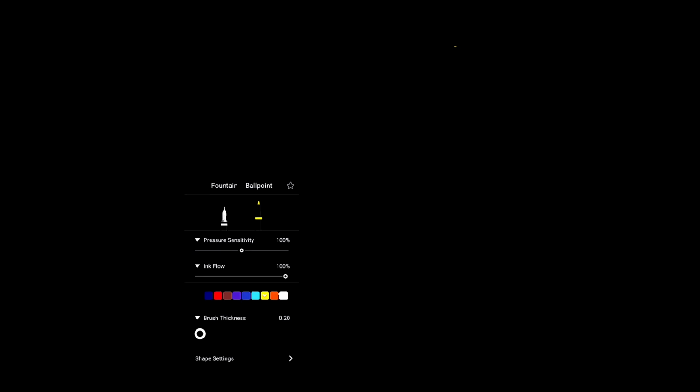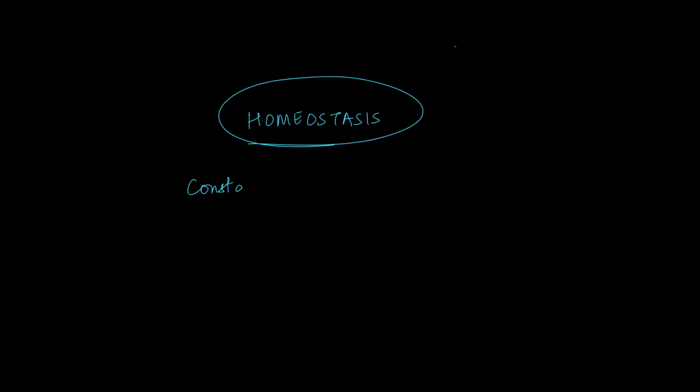Okay, so we'll start off by understanding what homeostasis is. Homeostasis is maintaining a constant internal environment where the cellular processes function optimally. So it is an optimal internal state which allows maximal function of body systems.